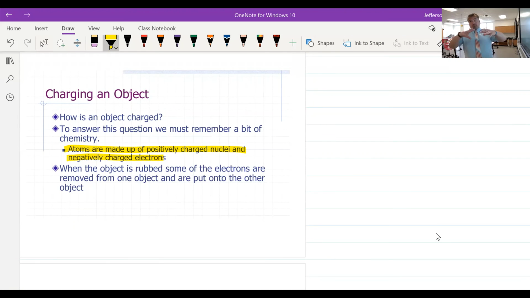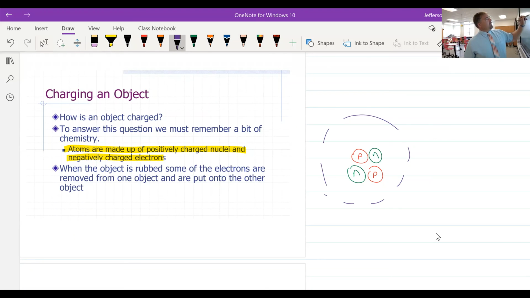But the electrons are on the outside of the atom, and the protons are embedded in the nucleus. So if you were to look at an atom, you'd have a proton and another proton and maybe a couple neutrons in there, which we'll put in green. Neutron, neutron. We'll just go with helium for right now. And then you'd have the electrons, which I'll put in purple, on the outside.